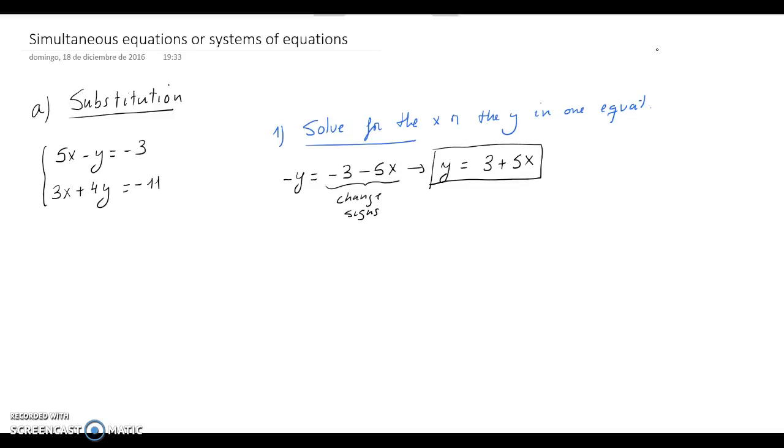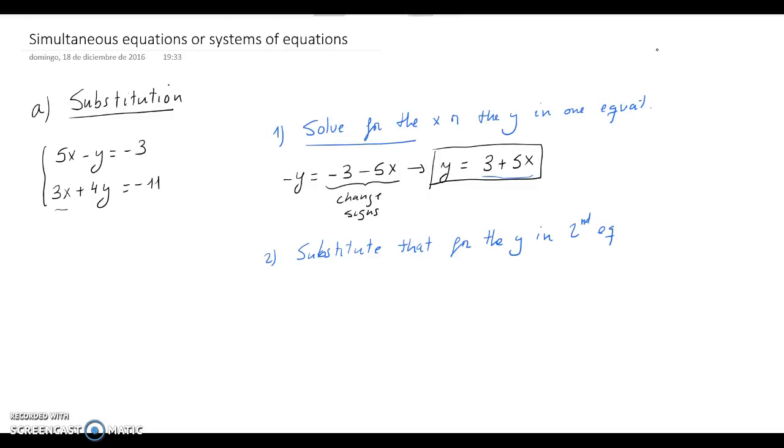My second step is to substitute this expression for, in this case, the y in the second equation, because this is from the first equation.